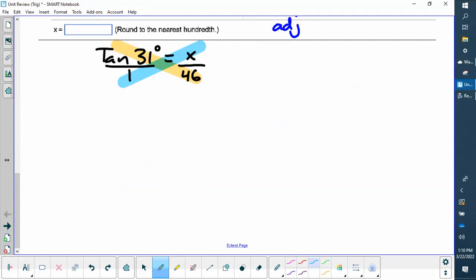And we would get x times 1 equals. Now, anytime we're multiplying numbers like 46 and trig names, I like to put the number first and the trig name second. And this is how you'll see it in most books. The reason this is better, it's mostly a calculator thing. I don't even need to put multiply.